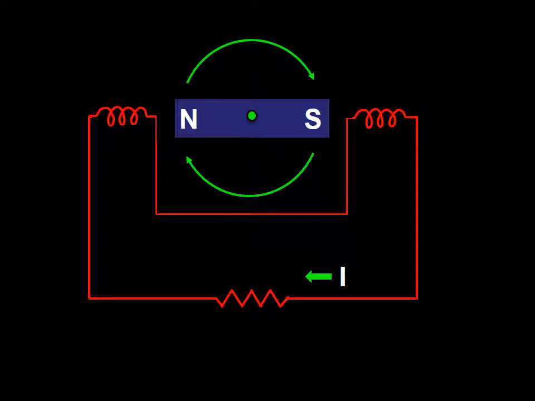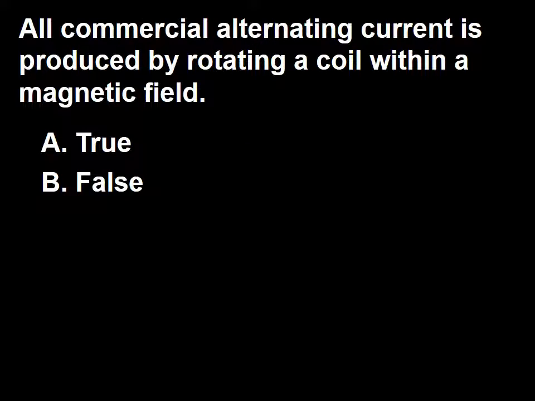In this frame, I am sure that you can recognize the symbol for resistor. I also like to introduce to you the symbol for a solenoid, which is just a continuous coil of wire. So the answer to this question is B.